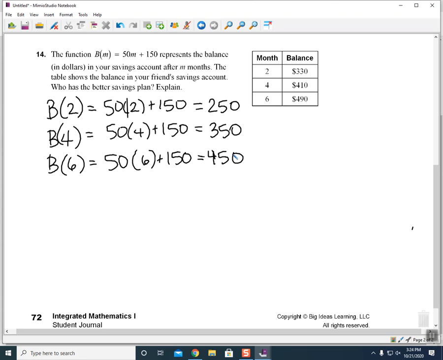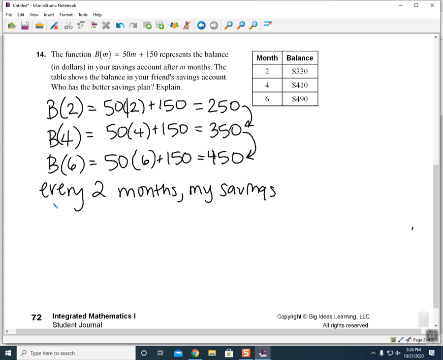But let's take a look at how this is increasing. So my savings account, I go from 250 to 350, 350 to 450 every 2 months. So every 2 months, my savings increases $100.